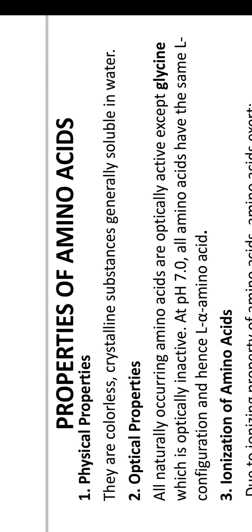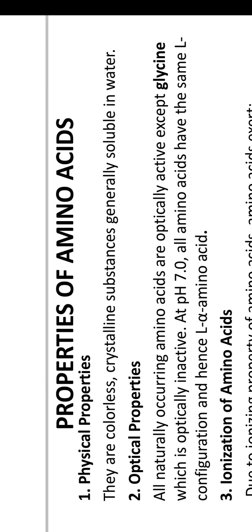Optical properties next. All naturally occurring amino acids are optically active except glycine, which is optically inactive. So, other than glycine, all the amino acids can exhibit optical activity at pH 7.